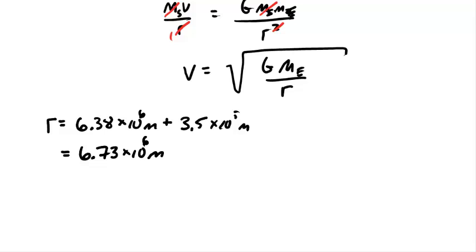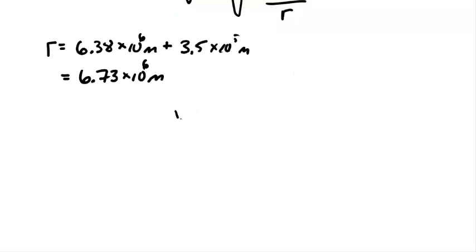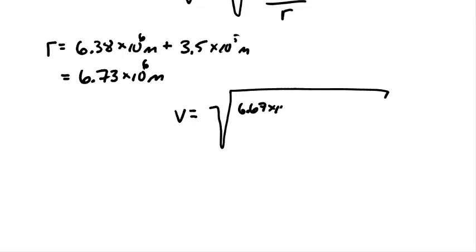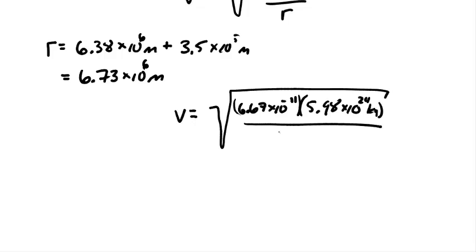And we'll also use our formula sheet to get the mass of the Earth. So then our velocity is going to be 6.67 times 10 to the negative 11 times 5.98 times 10 to the 24 kilograms divided by 6.73 times 10 to the 6 meters.